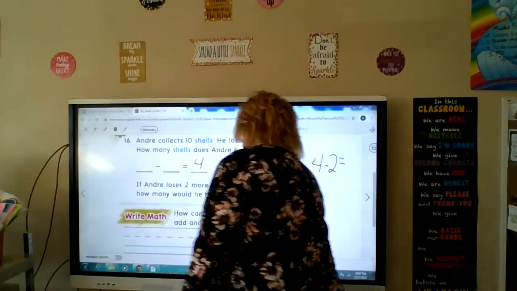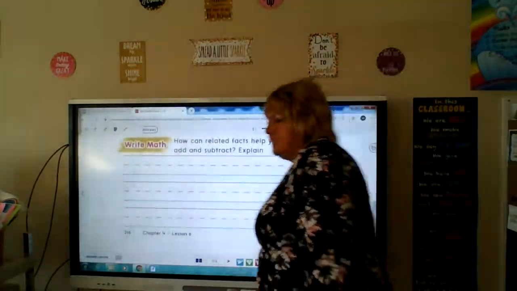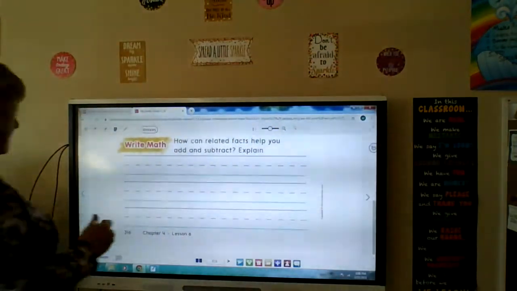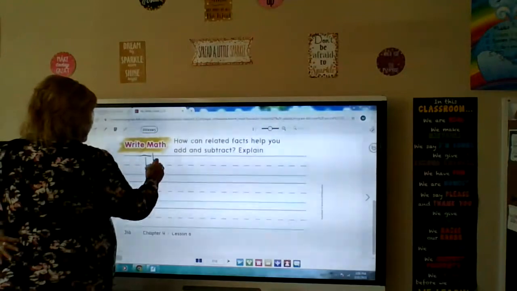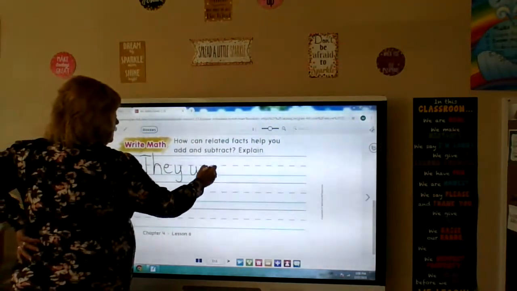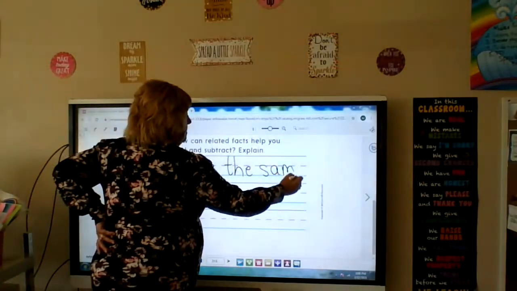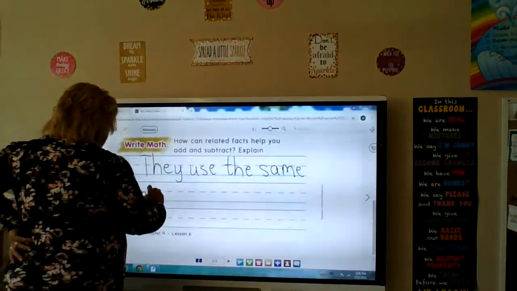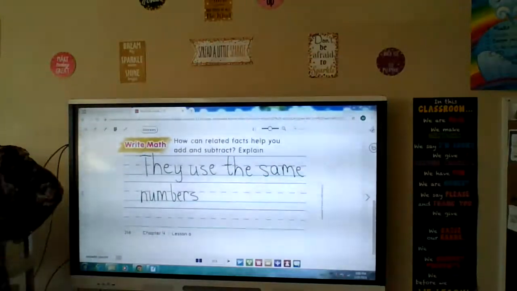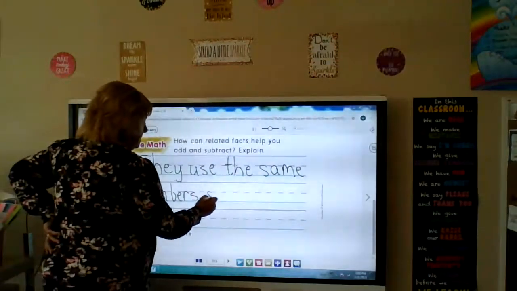How can related facts help you add and subtract? They use the same numbers. Related facts use the same numbers, so it is easier to add and subtract.